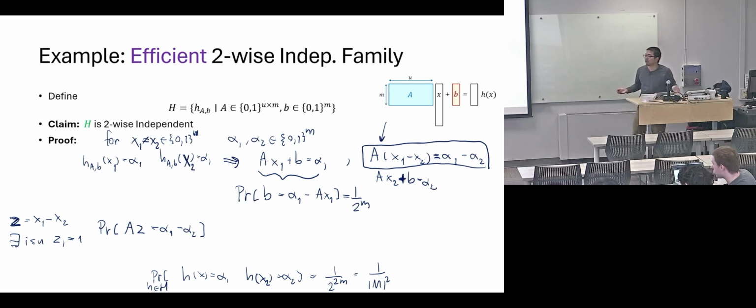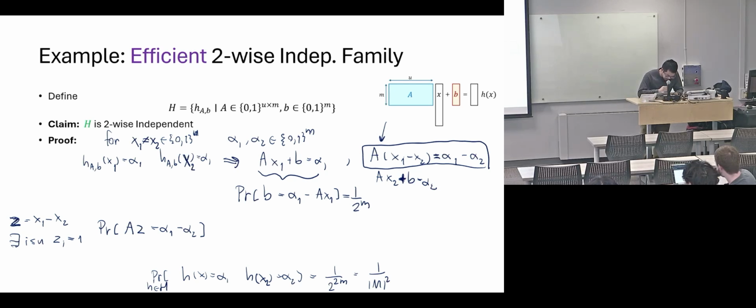Is z the absolute difference between x1 and x2, since you could have negative ones? We are doing mod 2 right now, so when it's -1, it's just 1. Yes, mod 2. Good question.